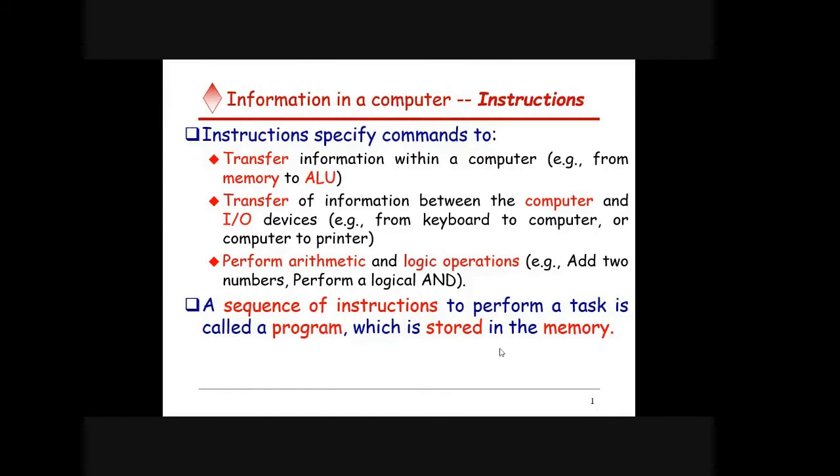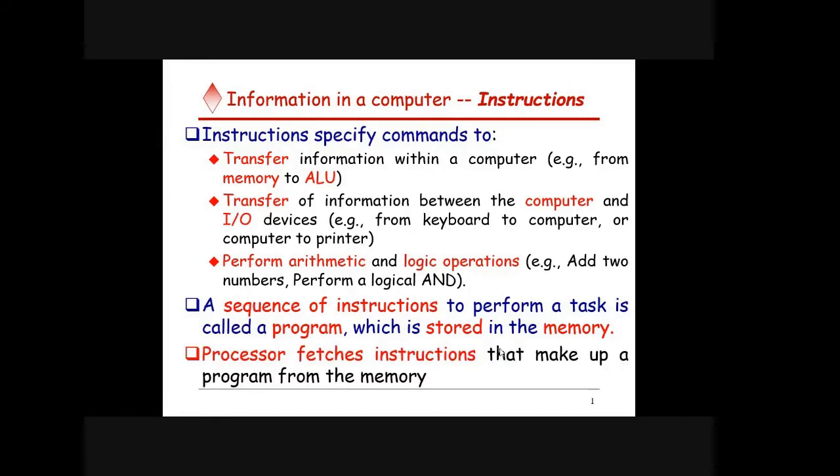Whenever the processor wants a particular instruction to execute, it gives the address of that instruction to the memory unit, reads that instruction from the memory unit, and it is executed by the ALU. Reading the instruction from the memory is also called fetching the instruction. Both are the same. So the processor fetches that instruction of the program from the memory, and then processes it.